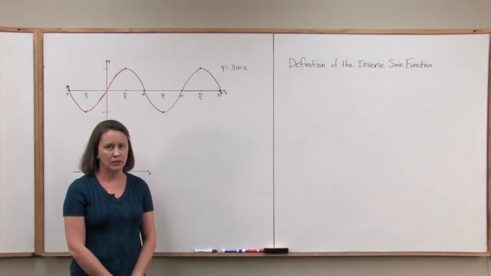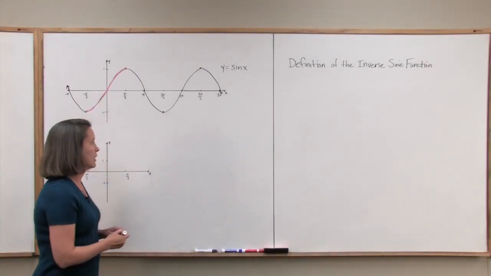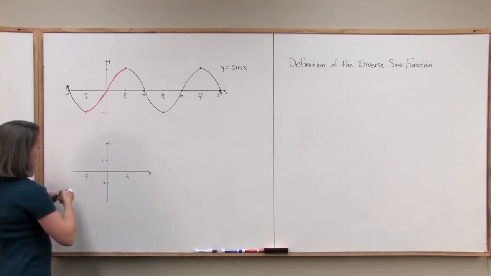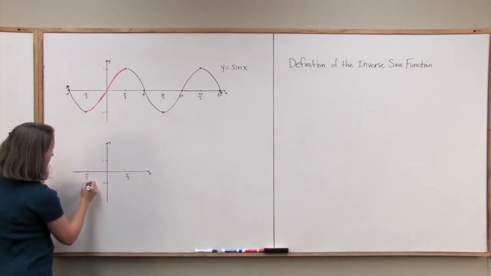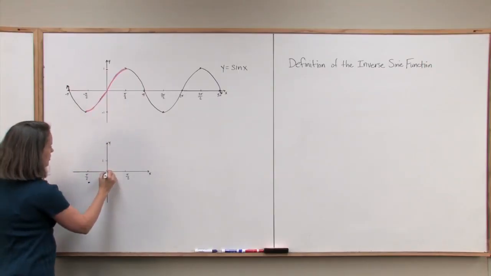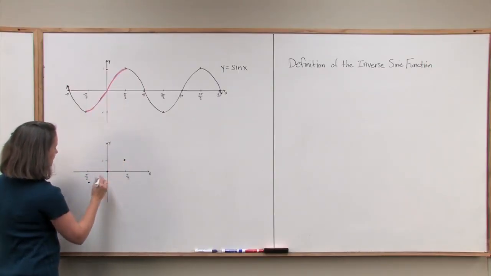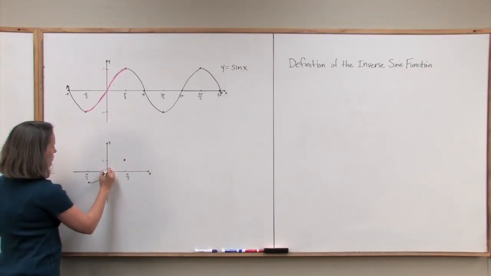So let's draw this one-to-one piece of the sine function separately. We'll start here. This is -π/2, -1. Here's the point 0, 0, and then the point π/2, 1. And then we'll draw our sine curve.